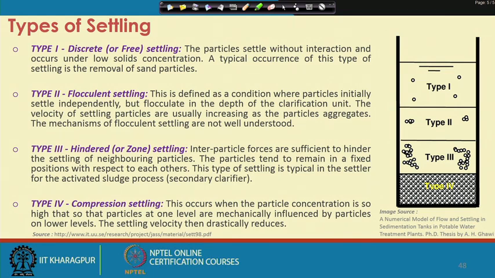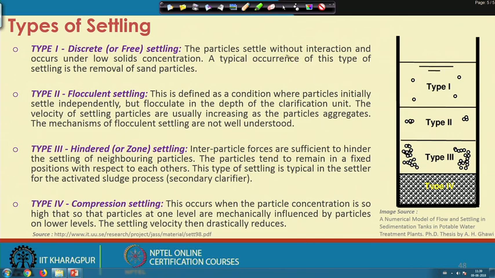The first one, which is called discrete settling or type 1 settling, or some people also refer to it as free settling, is a type of settling where the particle settles without interaction. Each particle settles as one single discrete entity, free from interaction with any other particles.